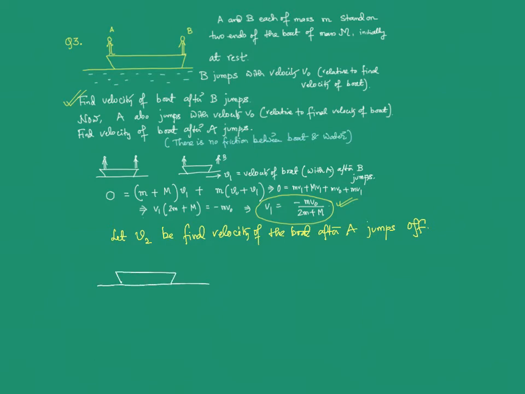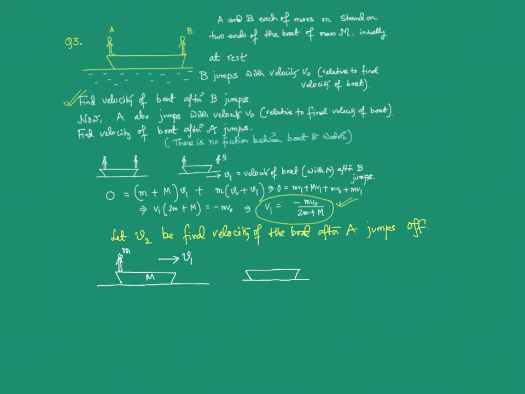So now the initial situation is this: m and M both are traveling with velocity v1. v1 in forward means it is actually traveling towards the negative direction, because v1 itself is negative, but we will consider everything towards the right.